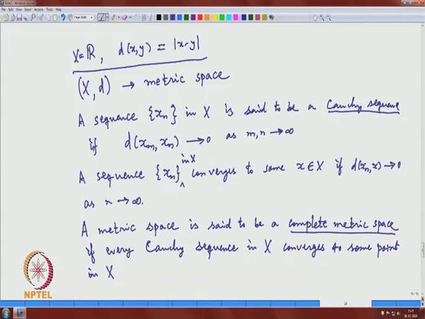A sequence cannot converge to two elements in X, so that limit is unique.